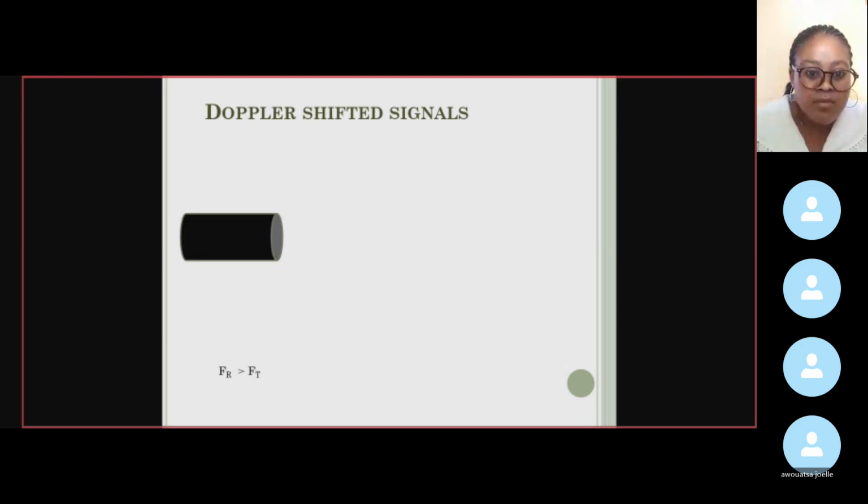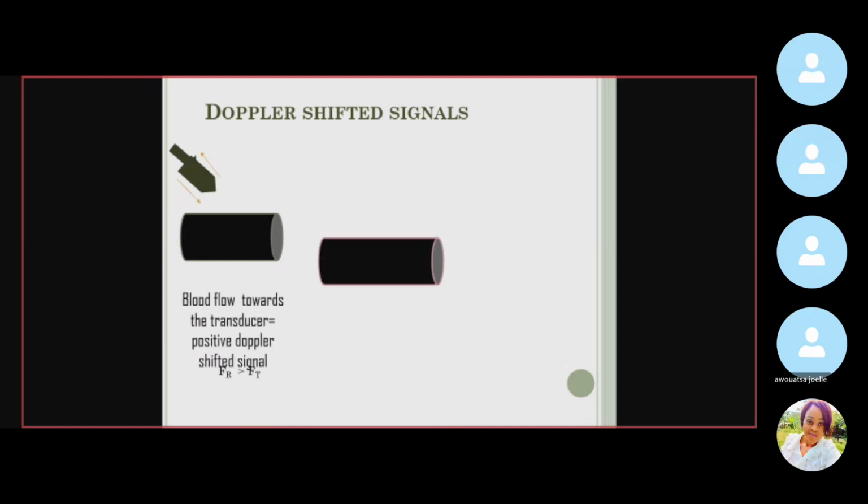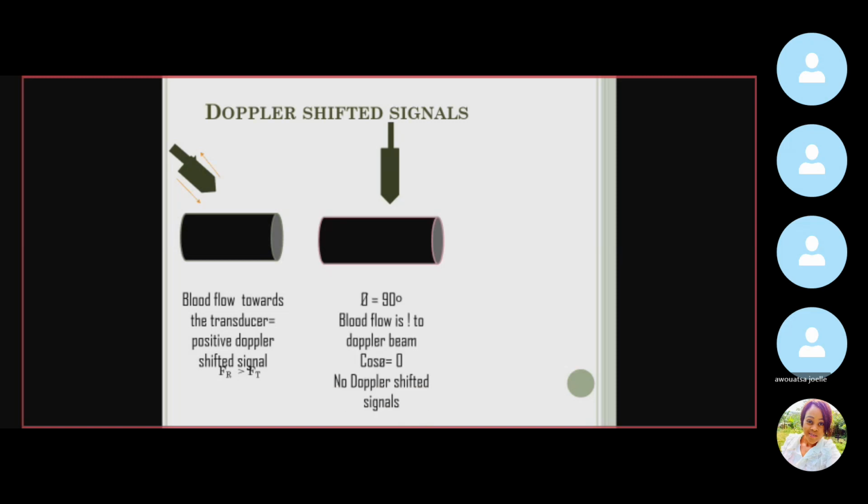So where is it used? It is used in the blood vessels. In our blood there are RBCs which are flowing. So whenever this ultrasound beam hits these RBCs, we will get a signal. Whenever the blood is flowing towards the transducer, we will get a positive Doppler shift.